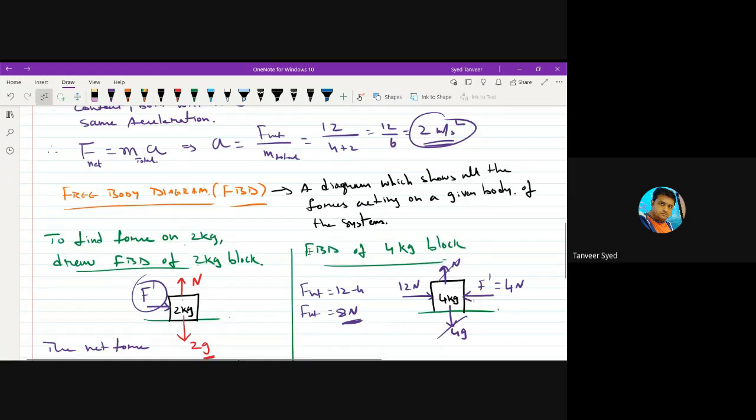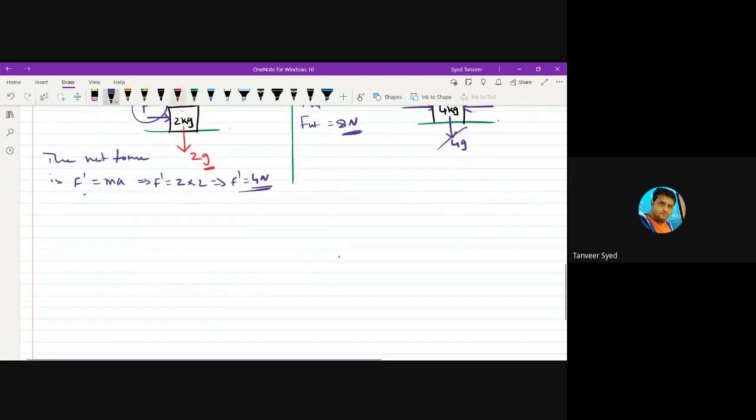Right, this is one simple situation. And this question is homework for you. This is 6 kg. This is 3 kg. This is 3 kg. And this is 1 kg.